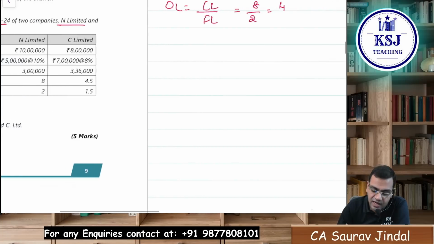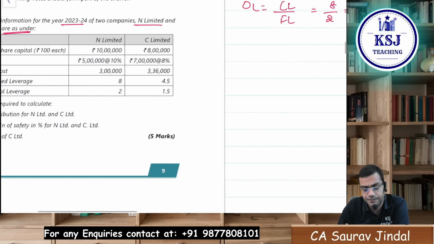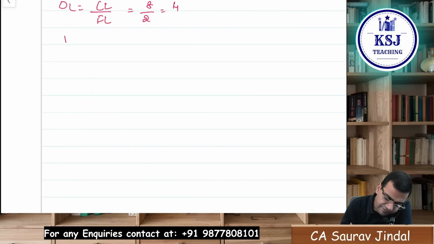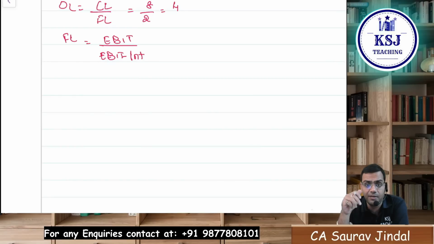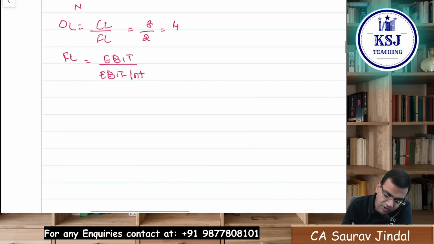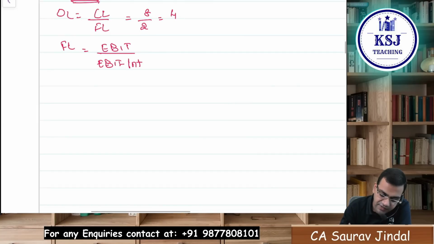Another thing that we have, financial leverage is given. Can we write financial leverage as EBIT divided by EBIT minus interest? Yes, sir. EBIT divided by EBT. EBT I can write as EBIT minus interest. So if I talk about N Limited, I'm talking about one company, the other company you will be able to find out. So what is financial leverage? Financial leverage is given as 2.